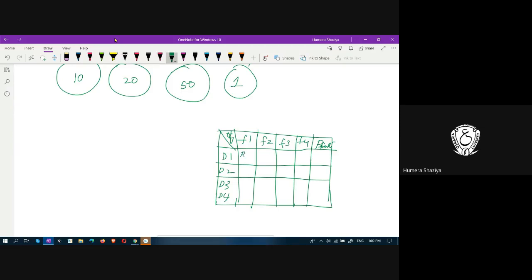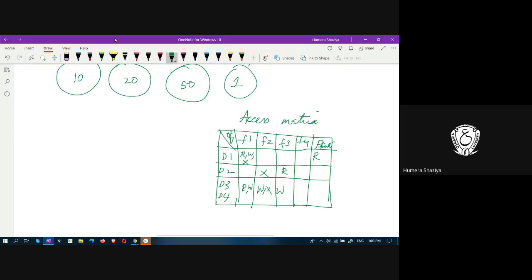You can have read, write, execute, delete, or whatever permissions. Here only execute, here only read, here only read, here read and write, here only write, here write and execute. This is known as an access matrix, or it can also be called an authorization matrix.